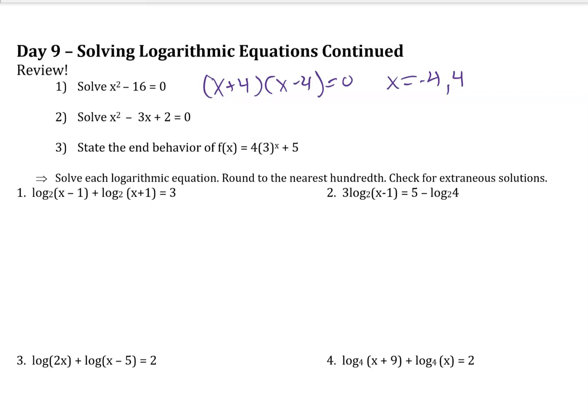Solve x squared minus 3x plus 2 equals 0. This is a quadratic trinomial, so we can solve by doing a times c on the top of our x, and negative 3, or b, on the bottom. We want to find two numbers that multiply together to positive 2 but add together to negative 3.